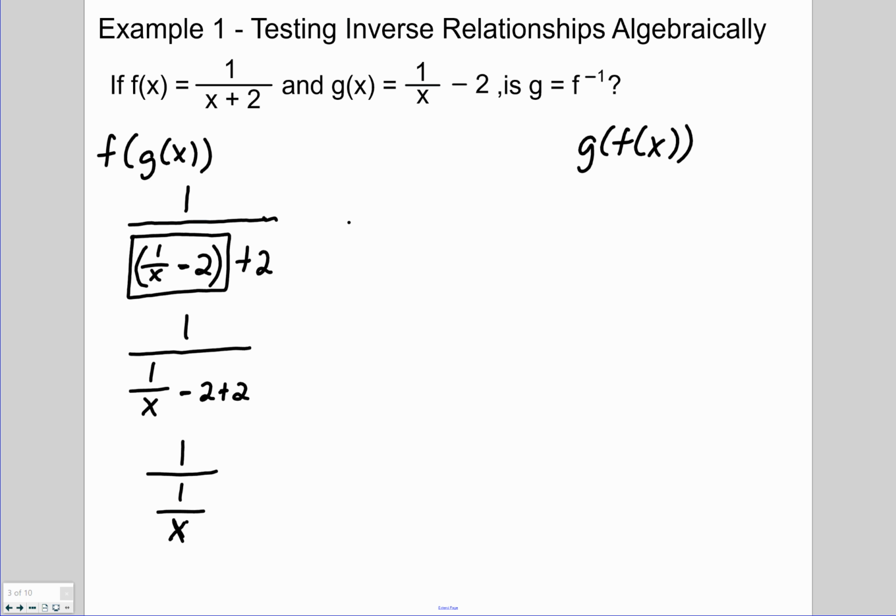Now, I taught some of you 2 years ago that whenever you have 1 over something, it just becomes something. So like 1 over blue is just blue.